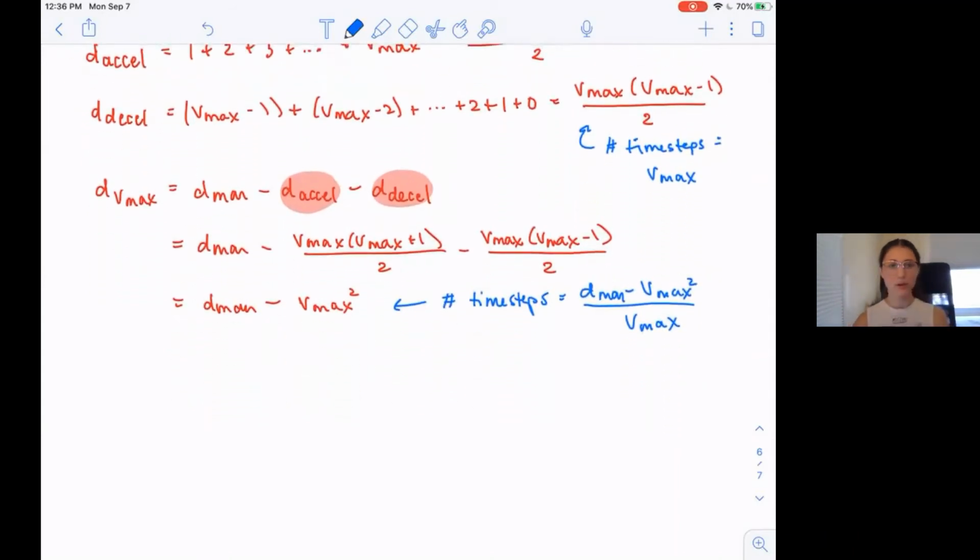Okay, so if we think about what the total steps that our heuristic is going to use, we're going to use this estimate of the acceleration time, the v max time, plus the deceleration time.